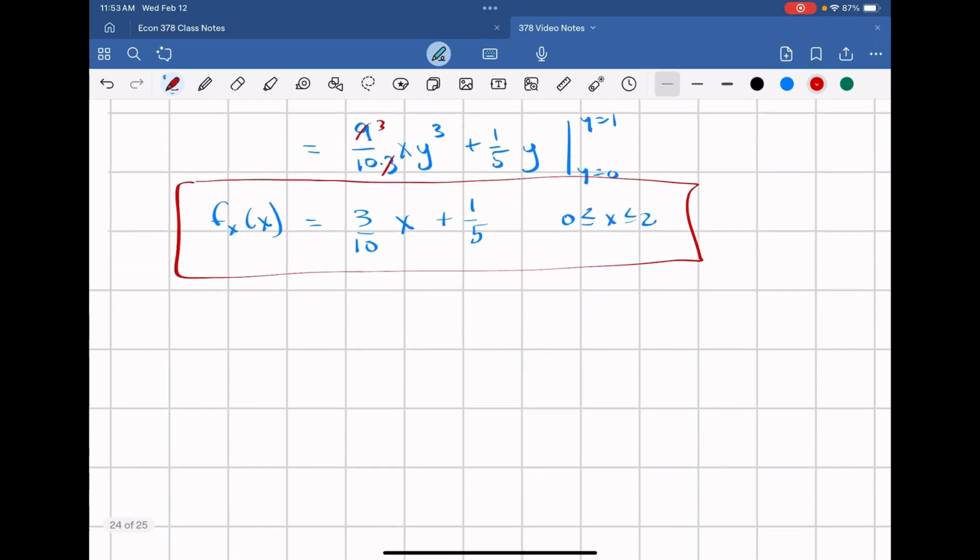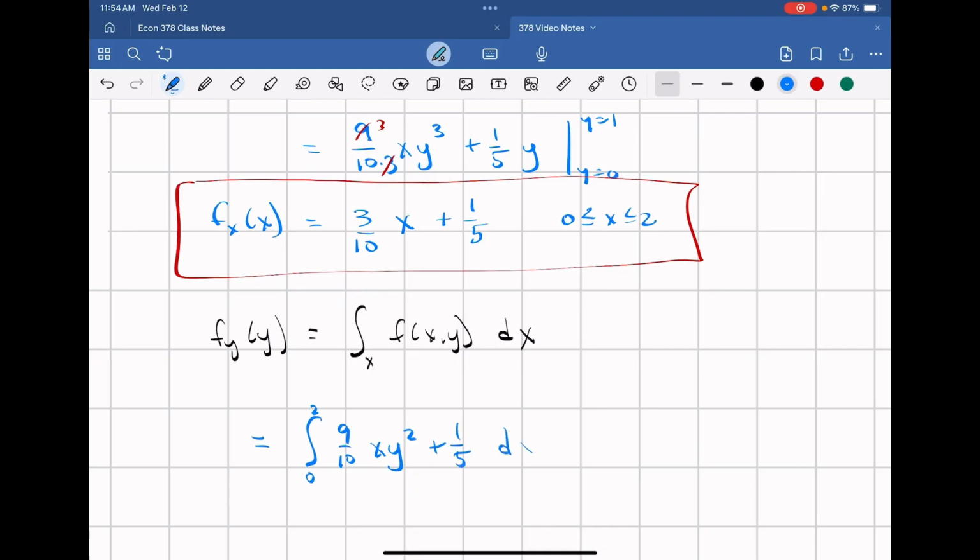I can do the same thing for y. So the marginal distribution of y is equal to the integral over x of f of xy dx. And so this is equal to the integral, x goes from 0 to 2, of 9/10 xy squared plus 1/5 dx.